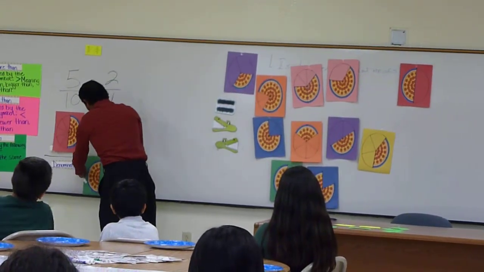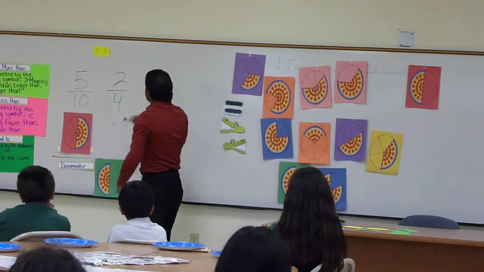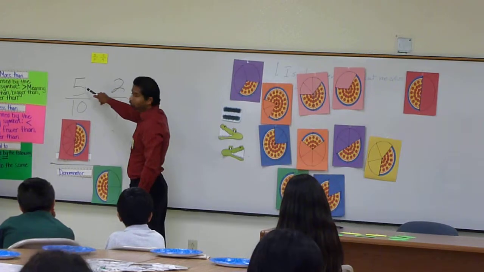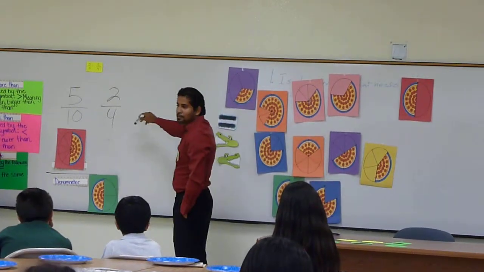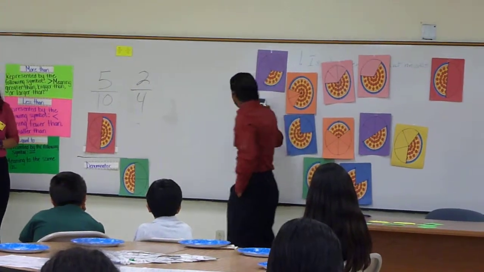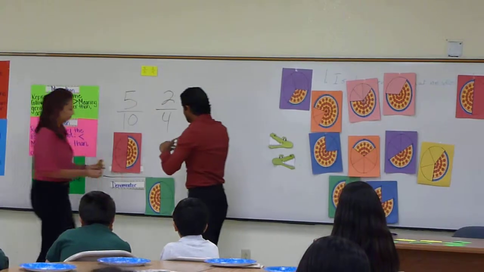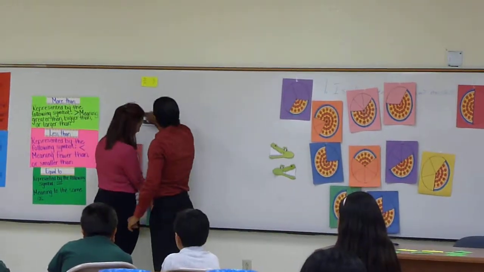This one's good. Okay. So looking at these numbers, is it going to be more than? What symbol are we going to put right here? Equal. Can someone explain to me why it is equal to?